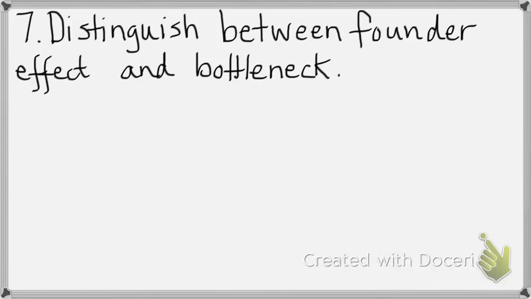What's the difference between founder effect and bottleneck? Well, let me describe one and you tell me what it is. I had this island out in the bay. You remember I was telling you about how they dredged out the bay to make the ship channel? That was dirt they dredged out. They piled it up and made islands, called dredge islands.